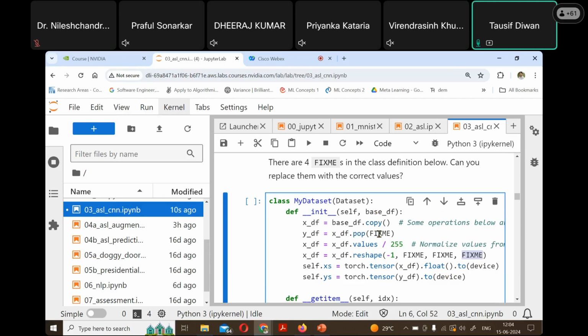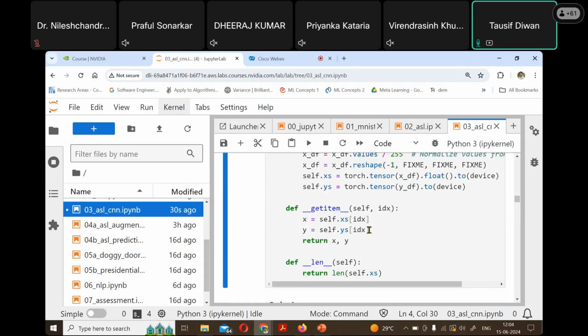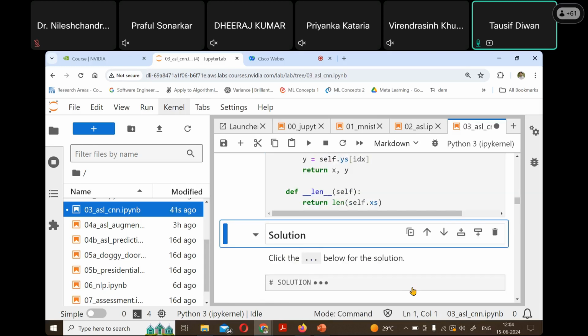Okay, we are removing this label. Then we are normalizing it, we are performing this reshape. We check whether the device is ready or not, and if it is ready then we are sending the data to the device. Get item is extracting the image and the label, and length is returning the length of the item.